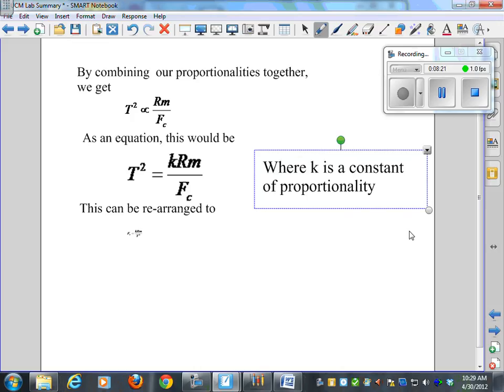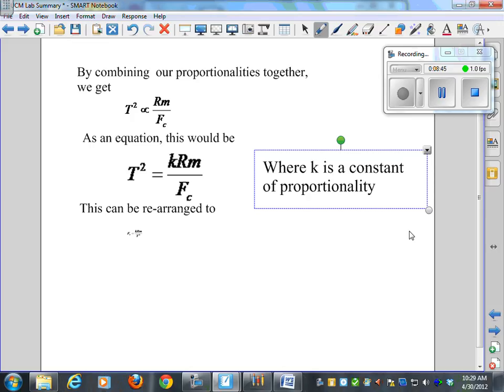It's the number that makes it work. If I have something like the area of a circle is proportional to the radius squared, when you change it into an equation, you put a constant in there, and A equals pi r squared. The number pi is the constant of proportionality. It's the number that makes it work.